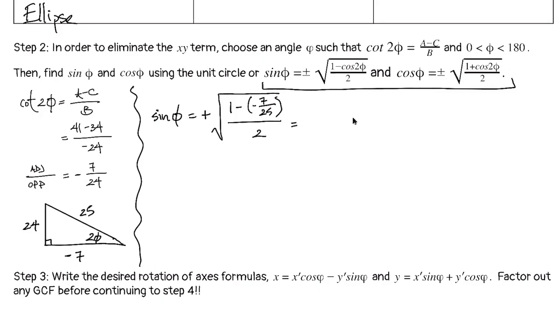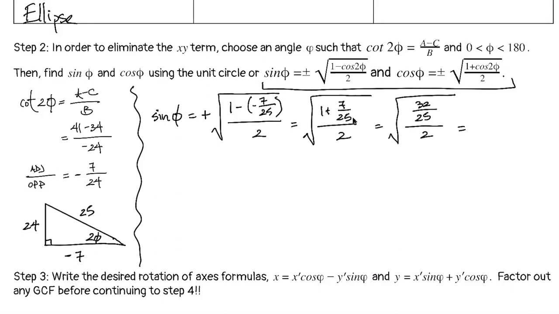And so let's work this out. I've got 1 plus 7 over 25, all over 2. This is going to give me 25 plus 7, which is 32 over 25. So I just combine the fractions on the top, and I'm going to divide it by 2.